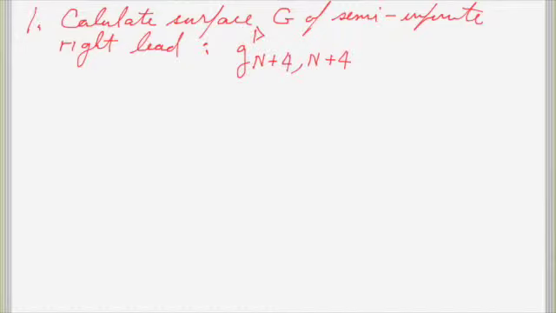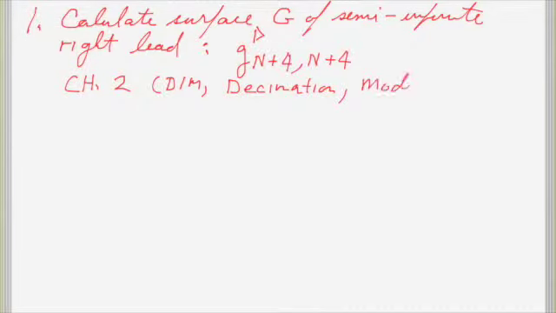And so you calculate that using any of the methods we talked about in, I guess, chapter 2. Right? Like decimation, mode space. So the starting point is getting your surface green function using any of those methods from chapter 2.